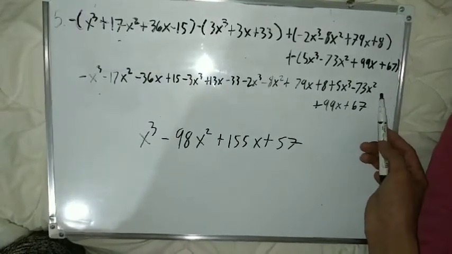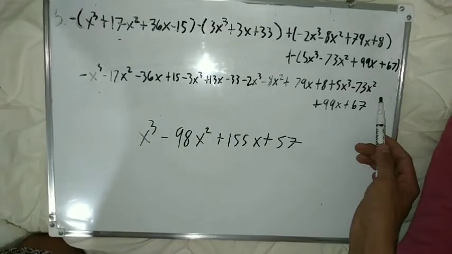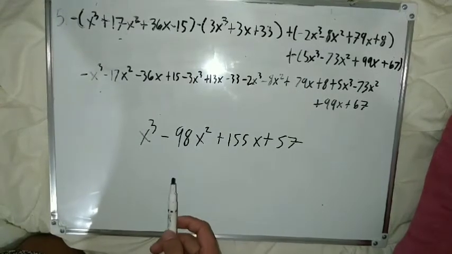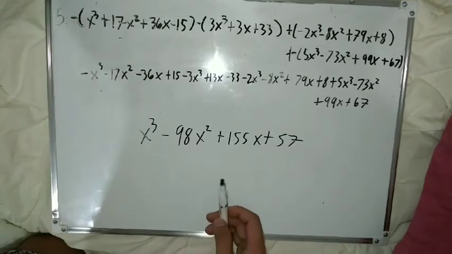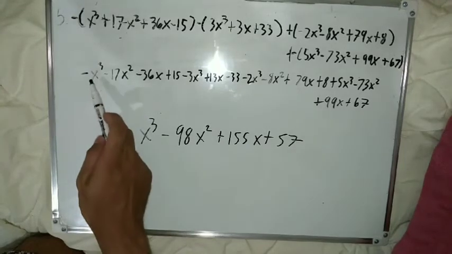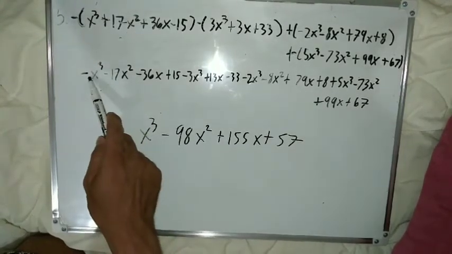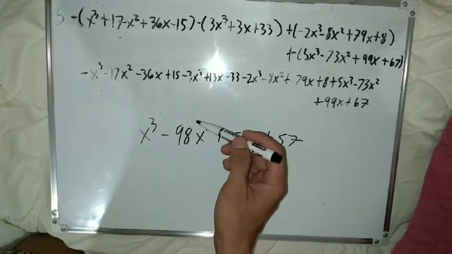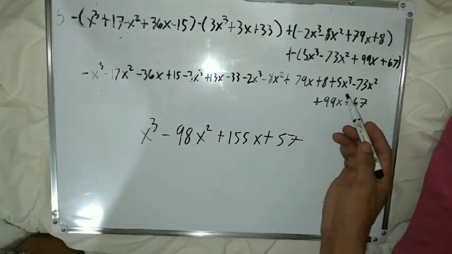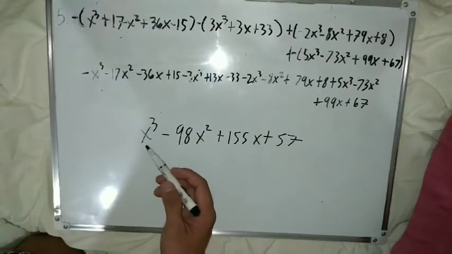Then after you multiply and solve the quantities, let's move to the cancellation process where you should cancel the values that have the same variable. So for negative x cubed, combine with negative 3x cubed and negative 2x cubed and positive 5x cubed. So the answer is x cubed.